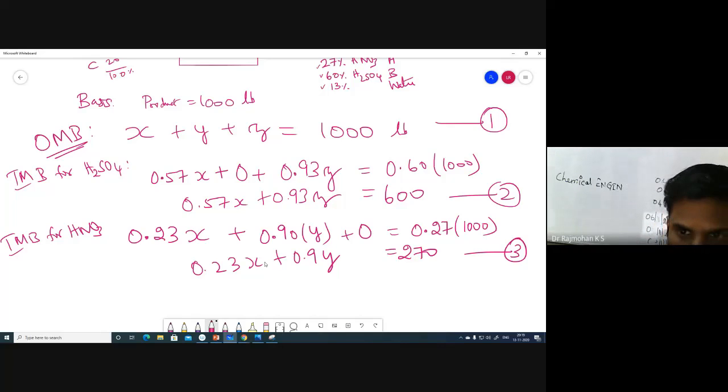So what you have is x plus y plus z equal to 1000. Then we have the other two expressions. Solving this, we can obtain the answers. You have to find out the x, y, z values.